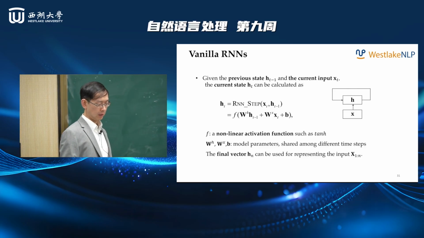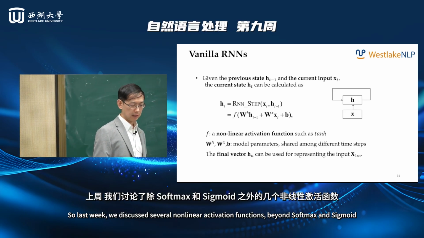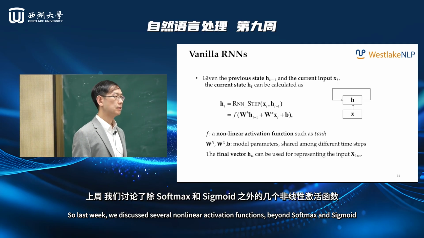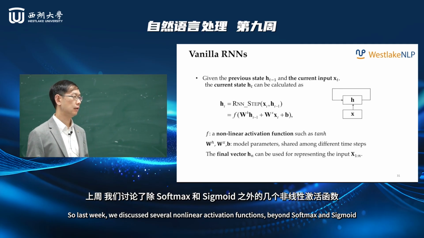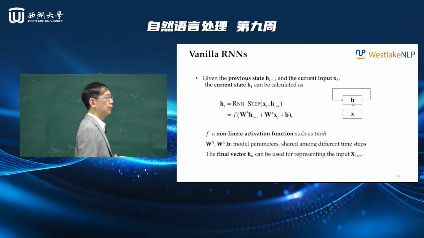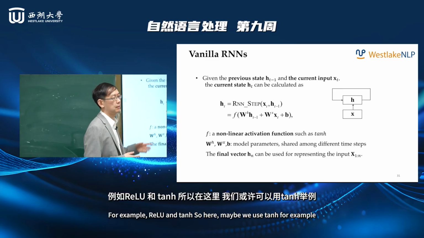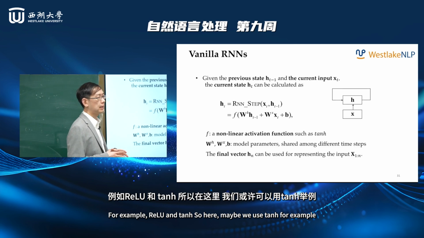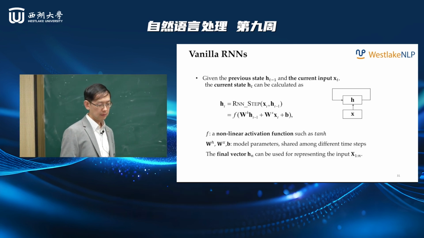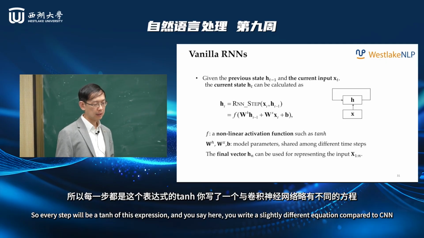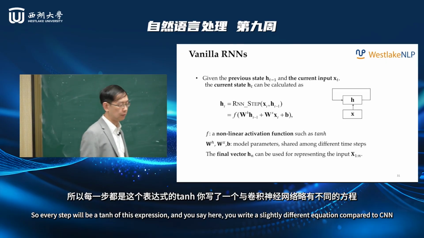So last week, we discussed several nonlinear activation functions beyond softmax and the sigmoid. For example, ReLU and tanh, right? So here, maybe we use tanh for example. So every step will be a tanh of this Wx plus b.